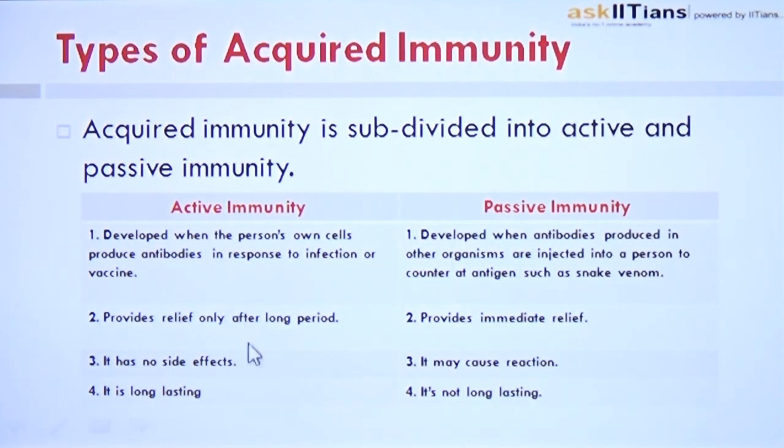But in case of passive immunity, because the antibodies are injected from outside, there are chances of reaction. Active immunity is long lasting. But passive immunity does not last long. It will produce its effect and immediately finish.